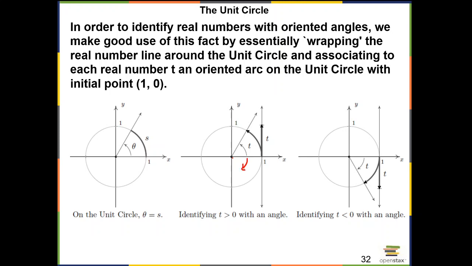Well, if you go this way and you go negative 57 degrees, we can wrap the number line around, and this would be negative 1 right here, and then negative 2 and so forth. So negative angles can be represented by negative real numbers, right? Very useful.